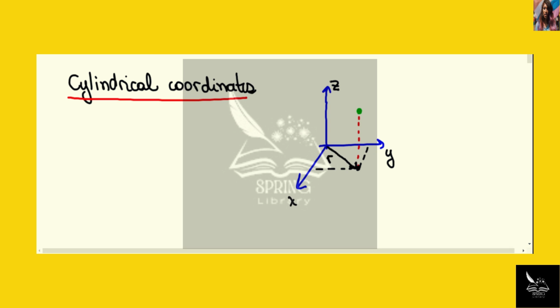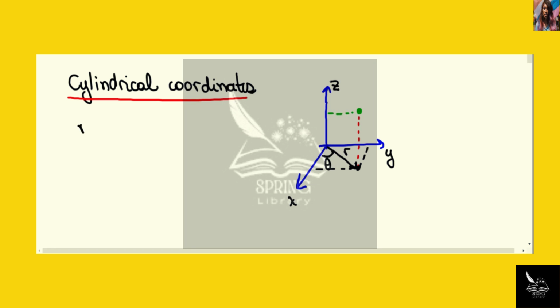Also, the angle that this line makes with the x-axis we call theta. So this is pretty much like the polar approach to coordinates, but this is 3D. And the last coordinate is just z, so we don't change it.